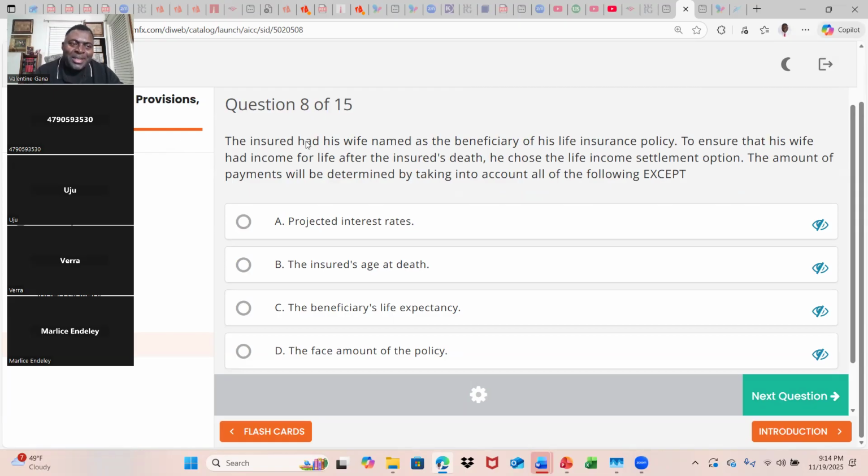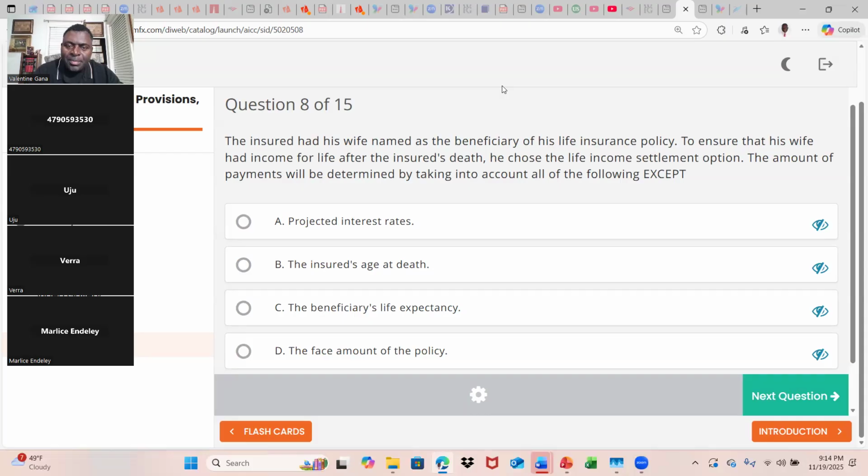The insured has his wife named as the beneficiary of his life insurance policy. To ensure that his wife had income for life after the insured's death, he chose the life income settlement option.